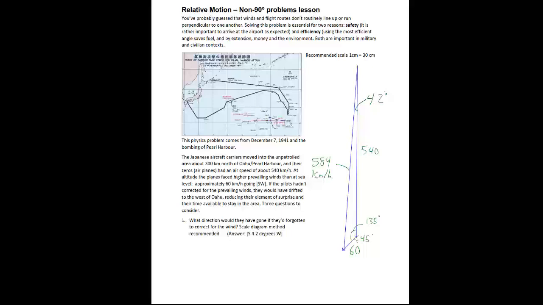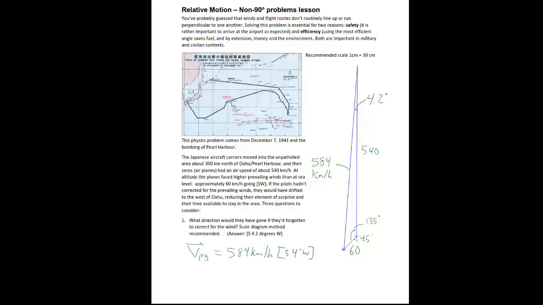So what's the big deal? A deflection would be velocity of the plane relative to the ground would be equal to approximately 584 kilometers an hour, but more significantly, south 4 degrees west.